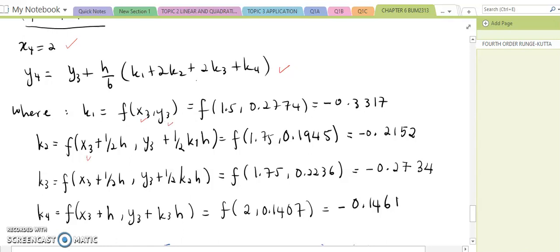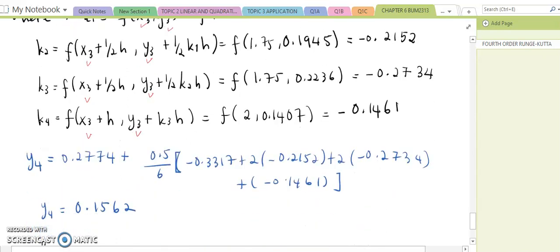That's why here in my computation, I use x3 and also y3. Alright. And after that, same as the previous calculation, you can just substitute the k values into the y4 formula.